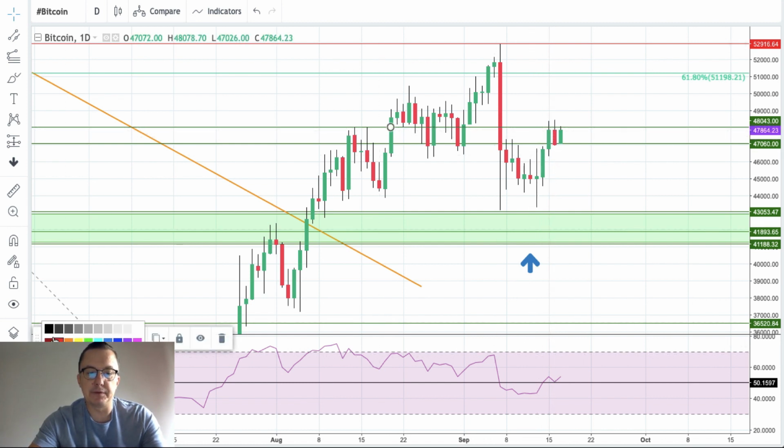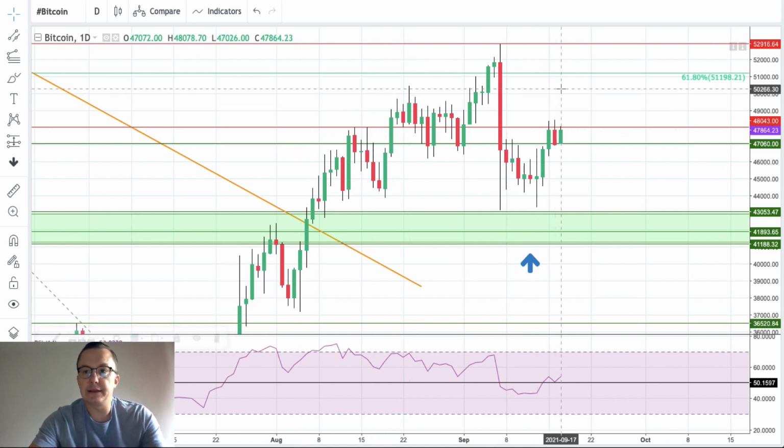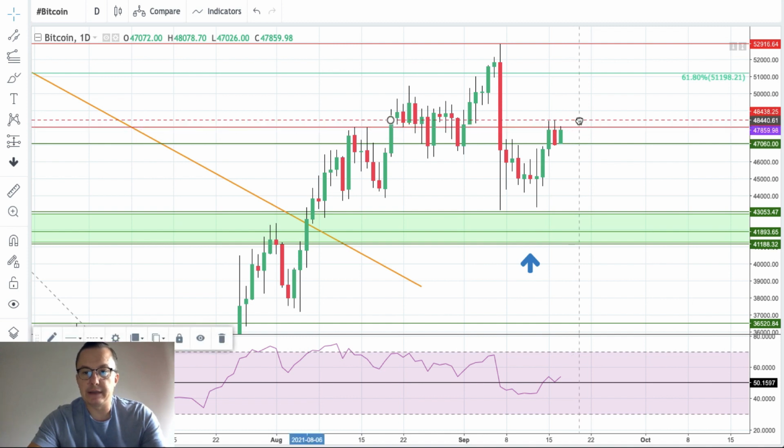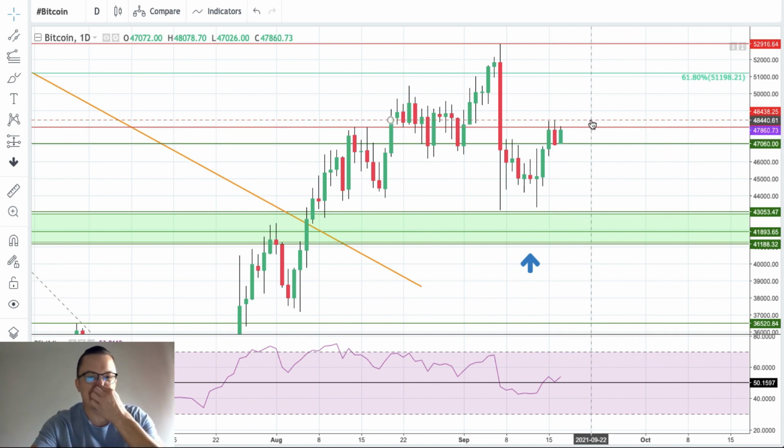Let's just put a red line here. There you go. This is our resistance. We can of course copy that line, and the highs were made at 48,000 and $440. So this is the very, very tight zone of the resistance.